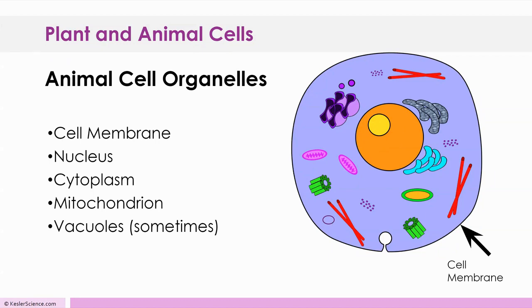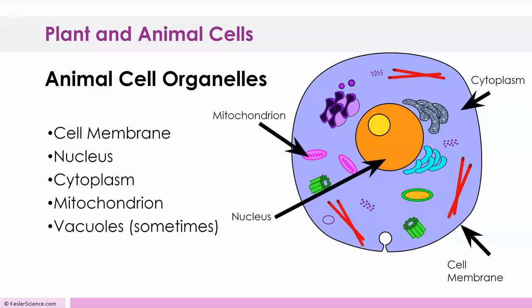Okay, so we have the cell membrane, the nucleus, the cytoplasm, the mitochondrion, and the vacuoles. Go ahead and make sure you have those labeled. Mitochondrion, nucleus, vacuoles, cell membrane, cytoplasm. You can see there's other organelles inside, but these are the ones we are going to concentrate on.